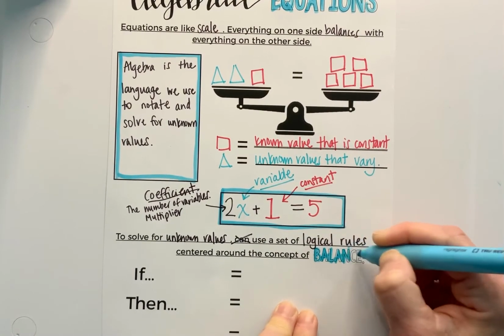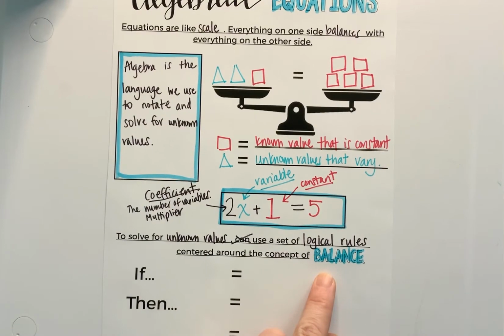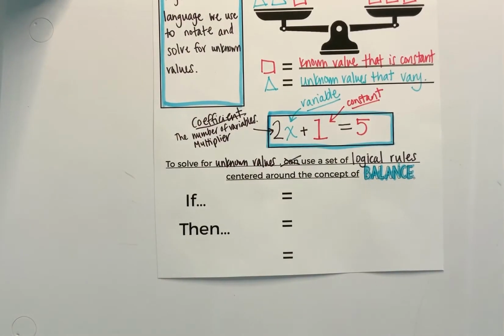Algebraic equations and all of the logical rules that you're going to learn in algebra are centered around the idea of balance. Okay, so what do I mean by that? Those logical rules.